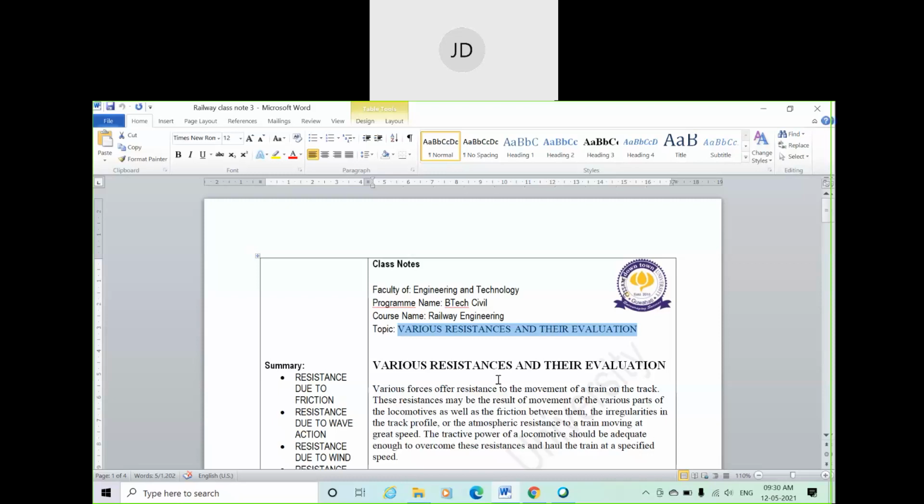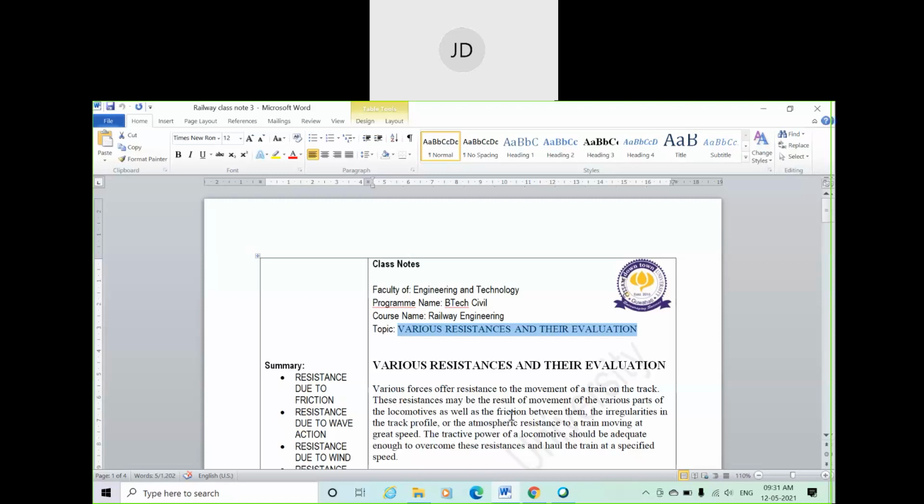Friction may be between the train parts, because a train consists of different components, mainly two components. One is your locomotive, the engine part, and the trailing part, that is the wagon.